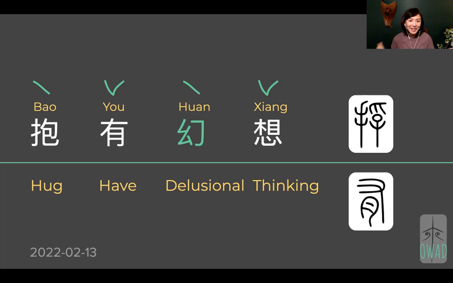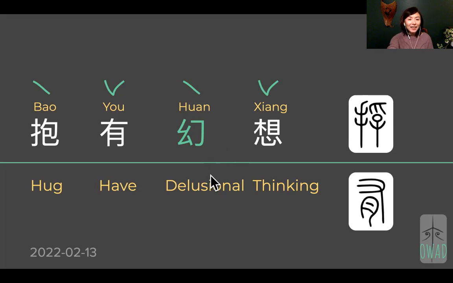So I guess in ancient times, haves and have-nots are pretty much distinguished by whether you have meat or not. That's the biggest have back then. So this becomes have. So what do you mean? Hug have. 抱有. Hug have was created later on to mean you are holding something, right? Embracing something.